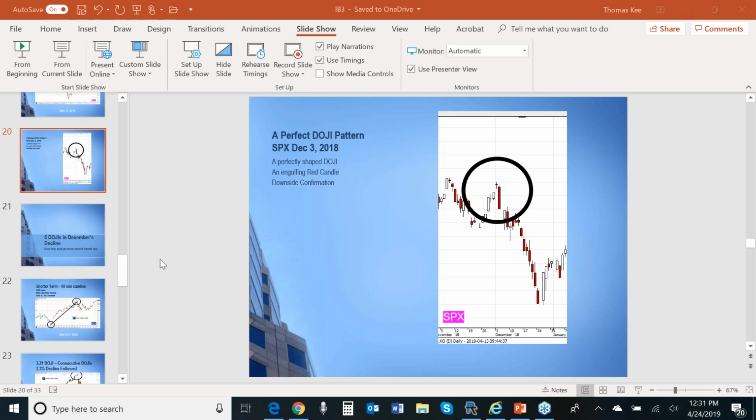Greg asked a question. Have you done a study and got a number which describes this probability of the doji as a turnover candle? No, I have not. I don't have any firm numbers on this, but I will tell you this, in 2017, it never worked. 2016, hardly ever at the beginning of the year. 2015 worked like clockwork. 2014, 2013 didn't work at all. There's a reason for all of this, right?